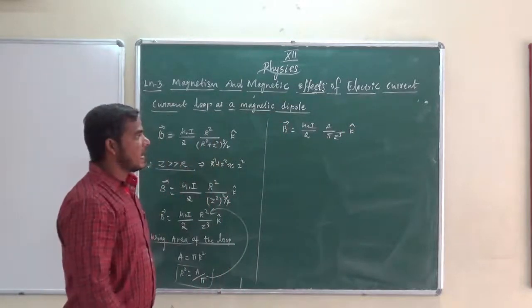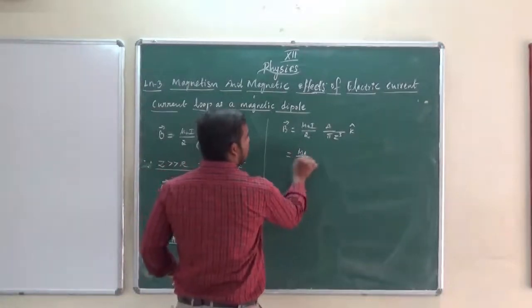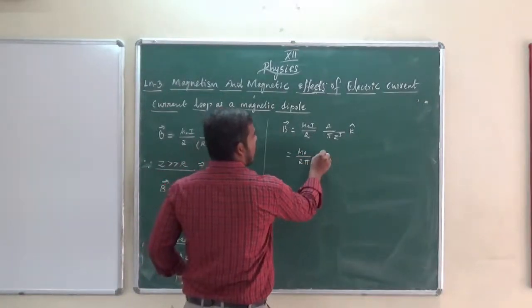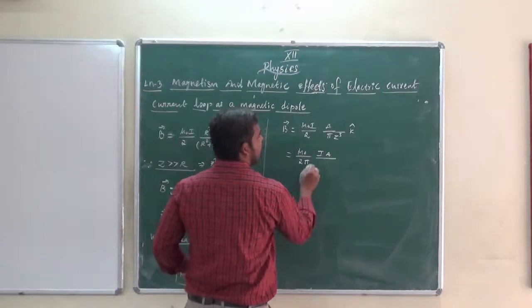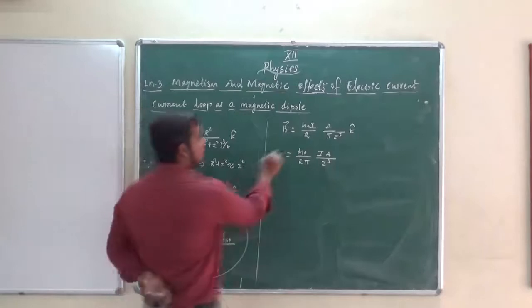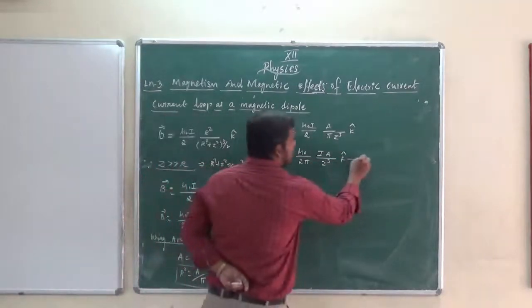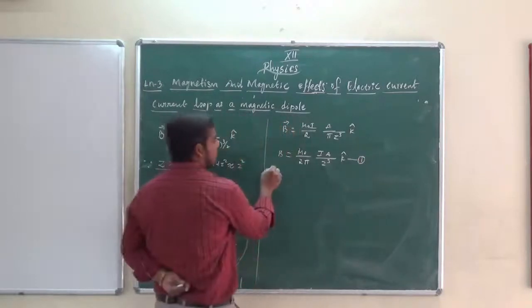I rearrange the equation: mu naught divided by 2 pi, I into A divided by Z cube, into k cap. Consider this as equation number 1.